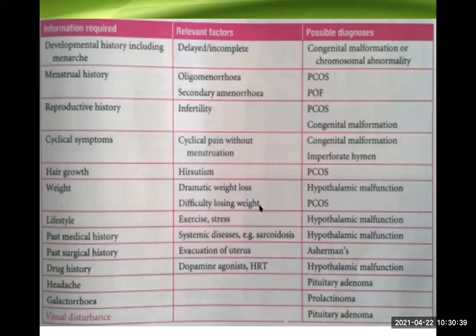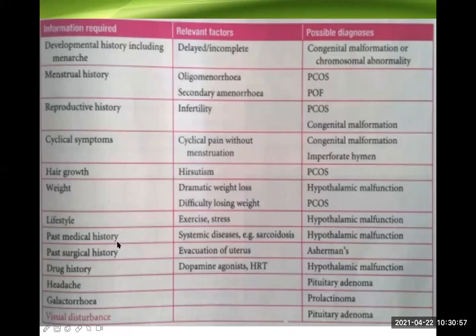And difficulty losing weight or overweight or obesity is a classical feature of polycystic ovarian syndrome. Lifestyle: ask about the exercise and stressful conditions, which may result in amenorrhea by causing hypothalamic dysfunction or malfunction.